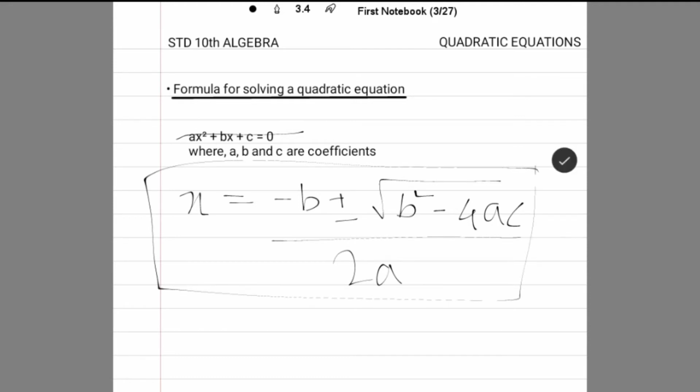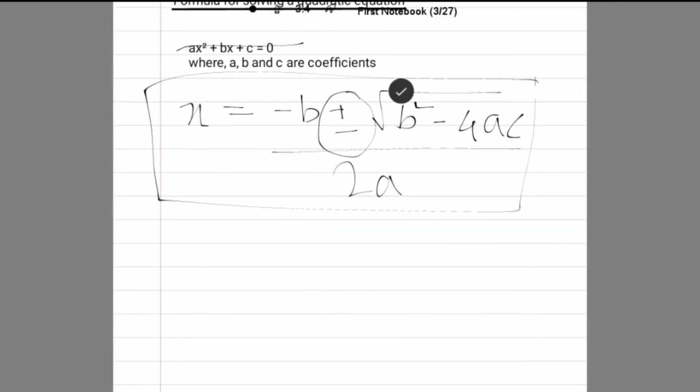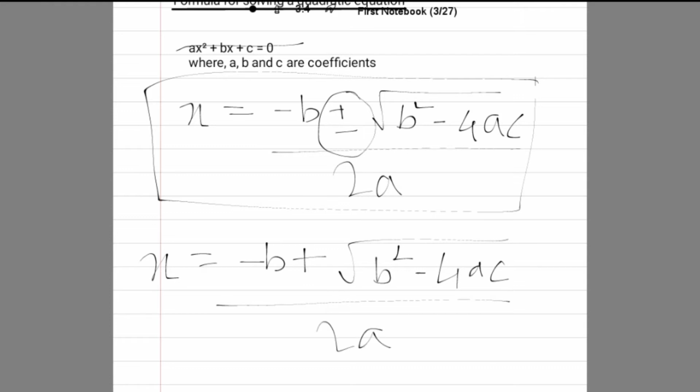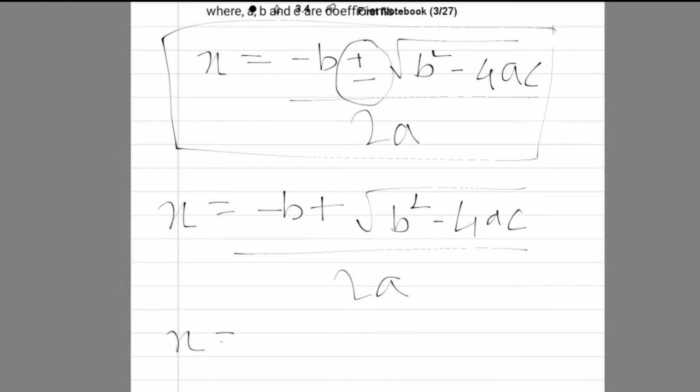Now you will say there is only one equation and there is only one formula for that, and how can we say we will get two roots? See, if you notice here we have a plus and minus sign here, so we can just separate that and we can write it as x is equal to minus b plus root of b square minus 4ac upon 2a, and x is also equal to minus b minus root of b square minus 4ac upon 2a.